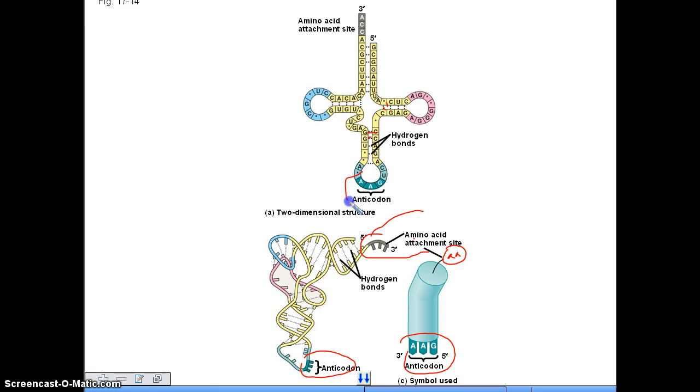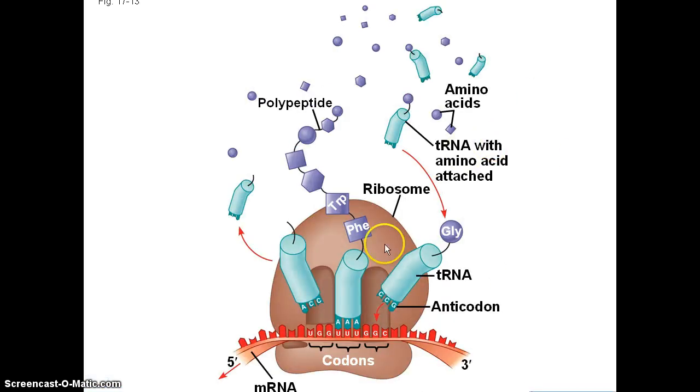So if we look, AAG makes up the anticodon for this particular tRNA. They have a particular shape due to the hydrogen bonding between the bases. They have a 3' end that sticks out and is the attachment site for amino acids. And they have these anticodons that are complementary to specific codons on the messenger RNA.